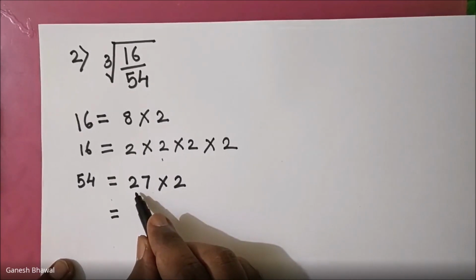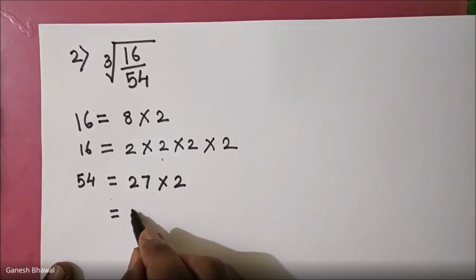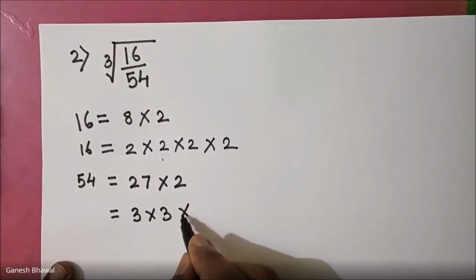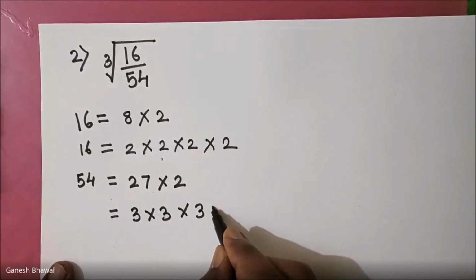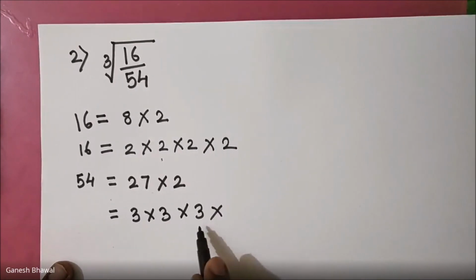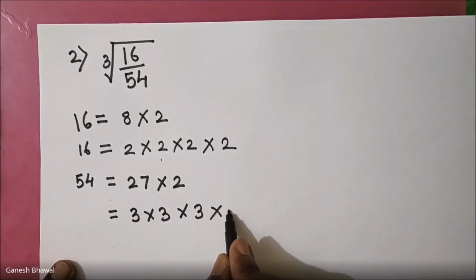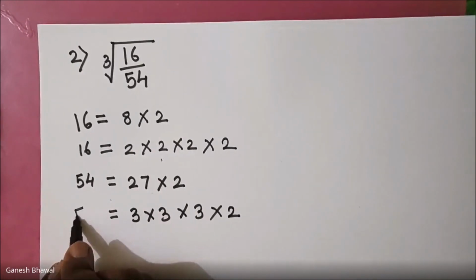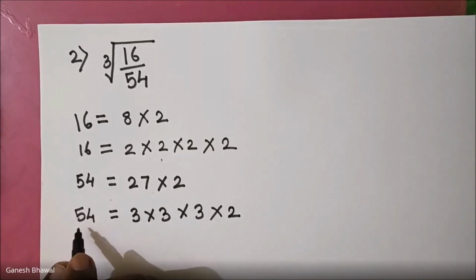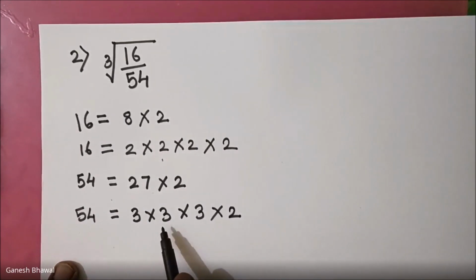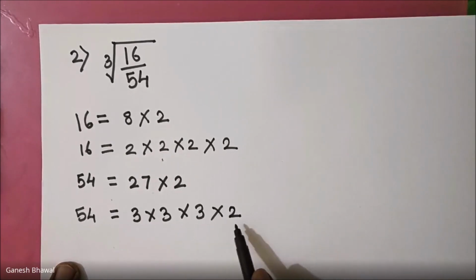Hence, factors of 27 are 3 into 3 into 3. These are 3 factors for 27 and this 2 as it is down. So factors of 54: 3 multiplied by 3 multiplied by 3 multiplied by 2.